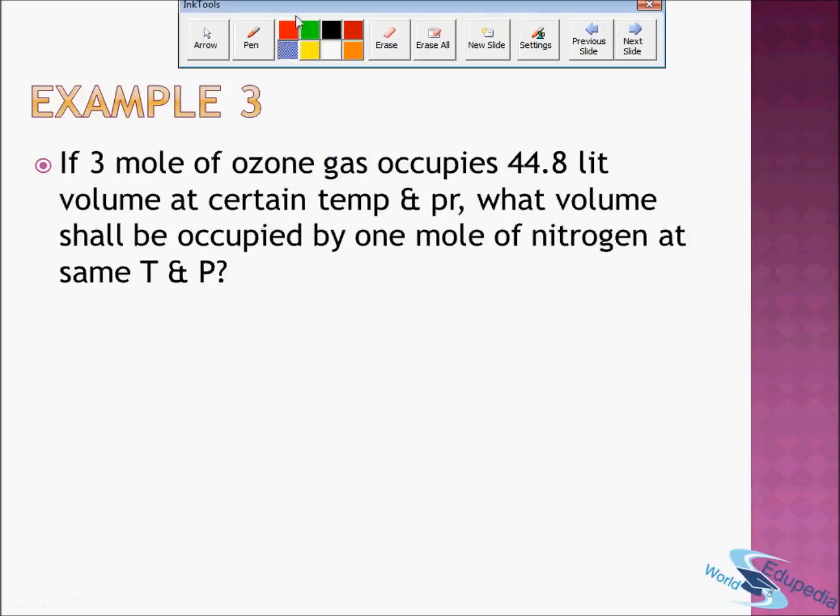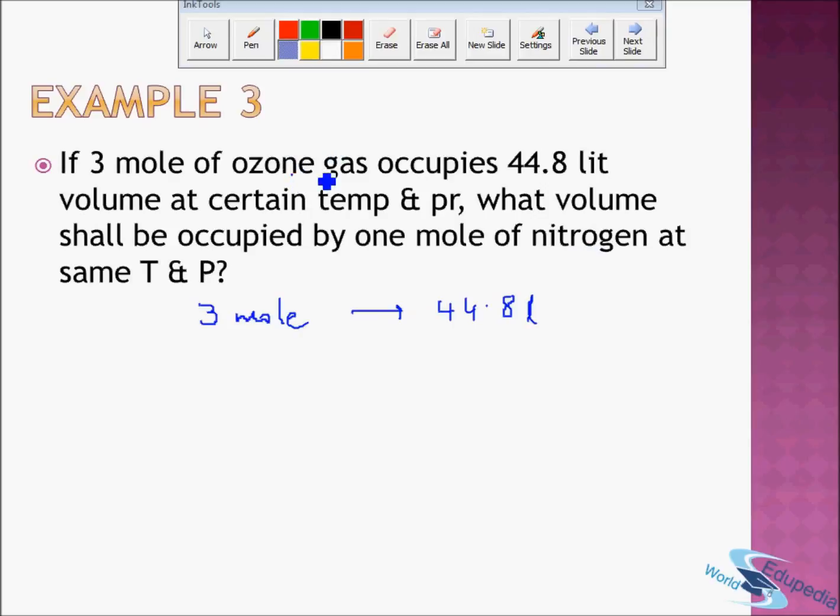Let's see the question again. I have 3 mole of ozone gas which occupies 44.8 liter volume. I have to calculate the volume that will be occupied by 1 mole of nitrogen. Now see, we all know that irrespective of temperature and pressure, the type of gas has no effect here.